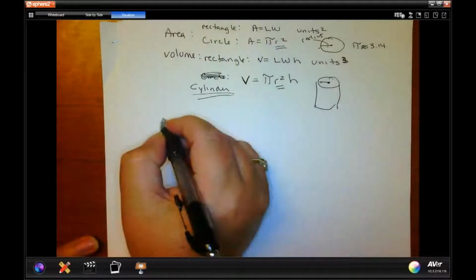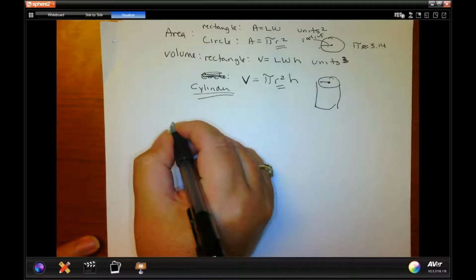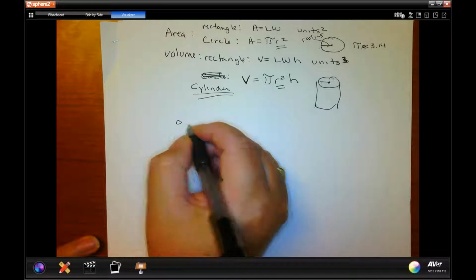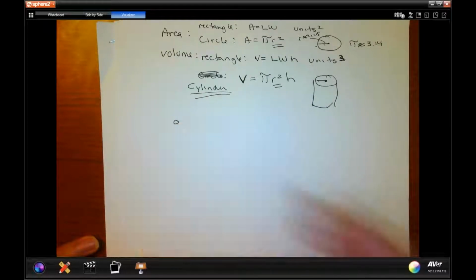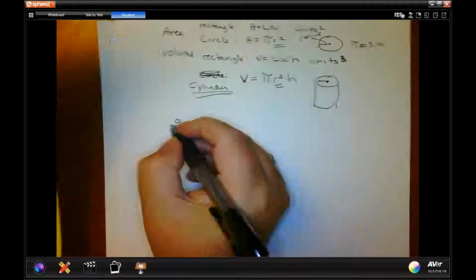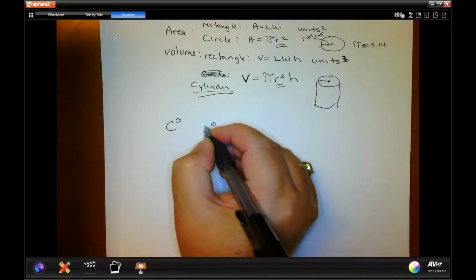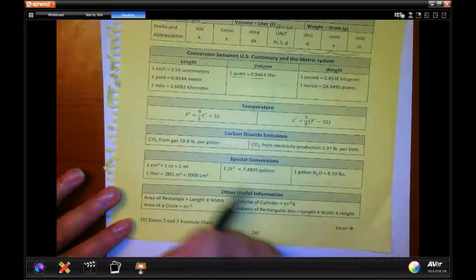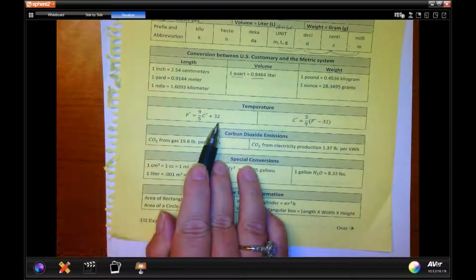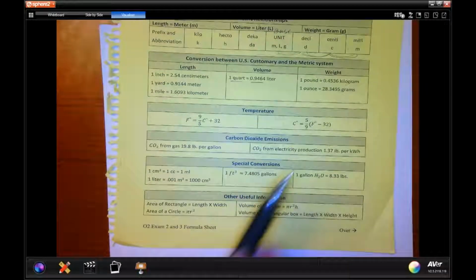And also we have degrees Celsius and degrees Fahrenheit. Okay. If you look at your formula, you have both conversions. Celsius makes perfect sense.